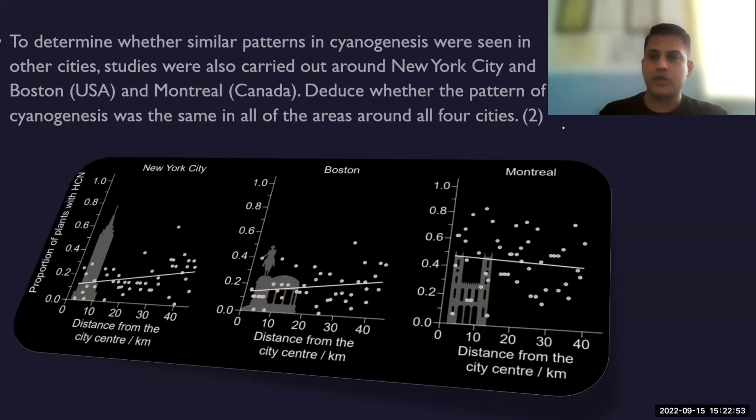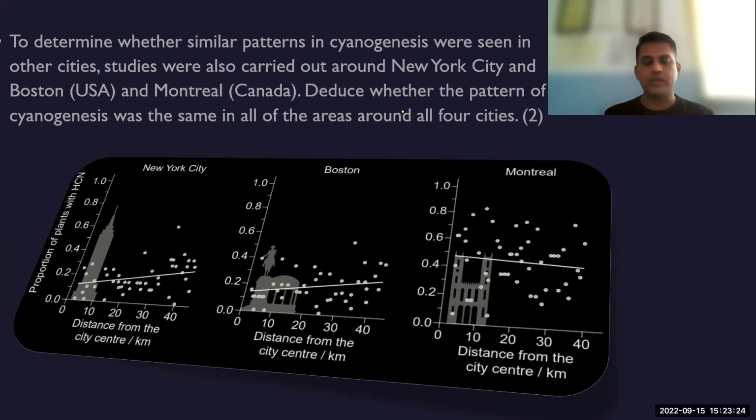Okay, this question is to determine whether similar patterns in cyanogenesis were seen in other cities. Studies were also carried out around New York City and Boston, USA, and Montreal, Canada. So deduce whether the pattern of cyanogenesis was the same in all of the areas around all four cities.